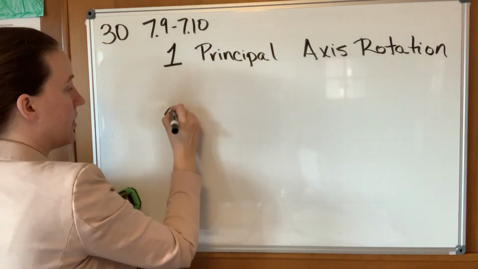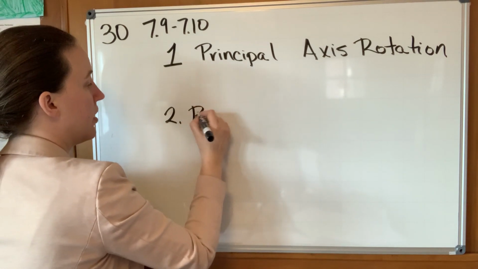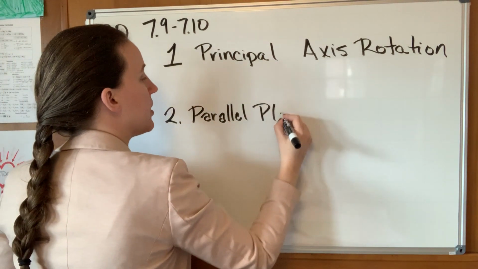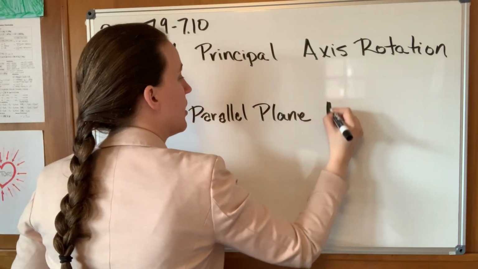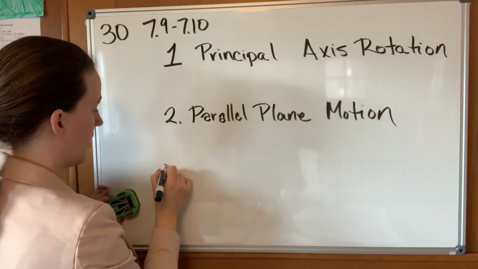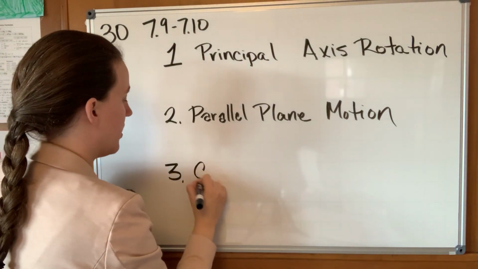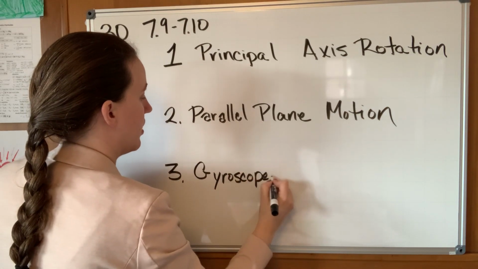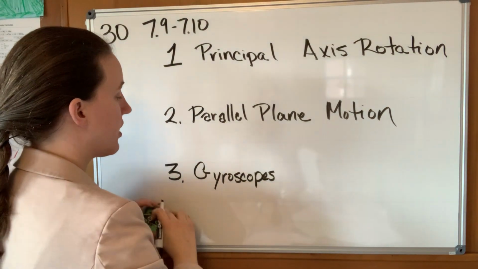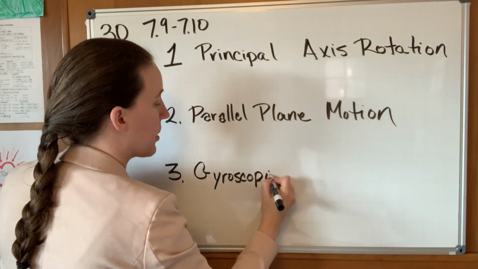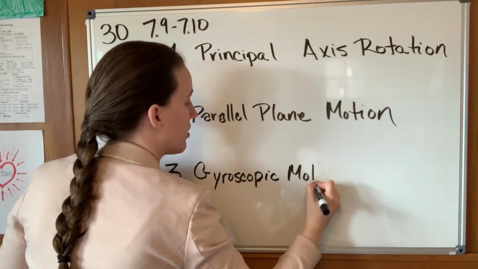The second one is called parallel plane motion. And the third one is all about our gyroscopes. Or actually, I should be a little bit broader because it doesn't always say it's a gyroscope, but gyroscopic motion. Gyroscopic motion.